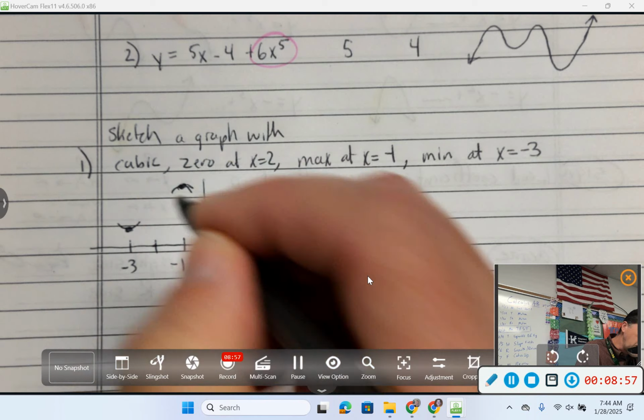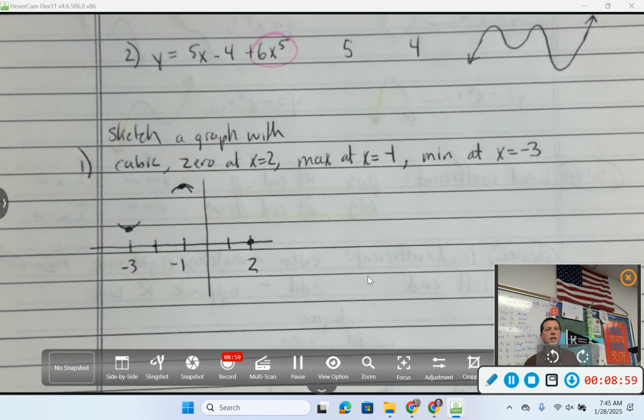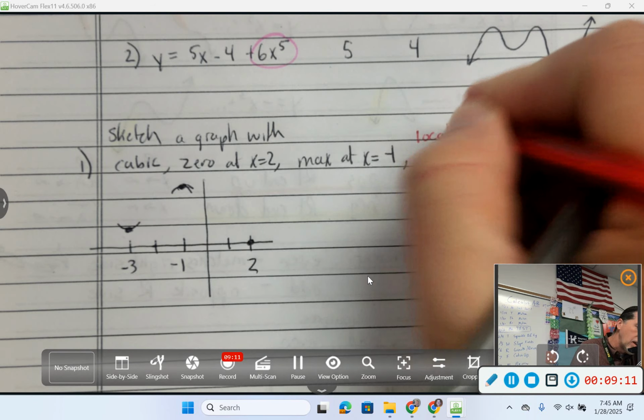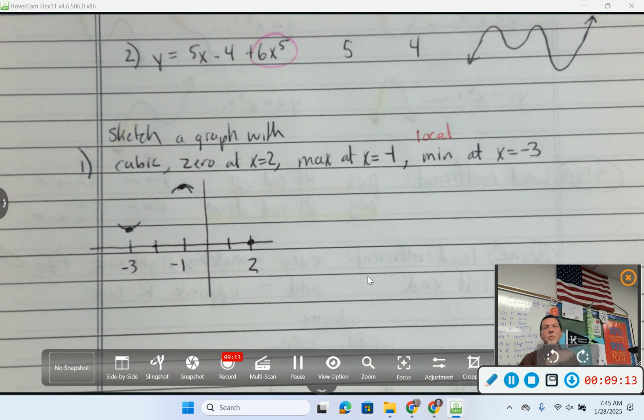A min is the bottom of a hill. I thought your minimum was what? Oh, a local minimum. That's a little bit different than an absolute minimum. That's a good point. So a local minimum just means it's at the bottom of a hill. It doesn't mean it's the lowest point on the graph.